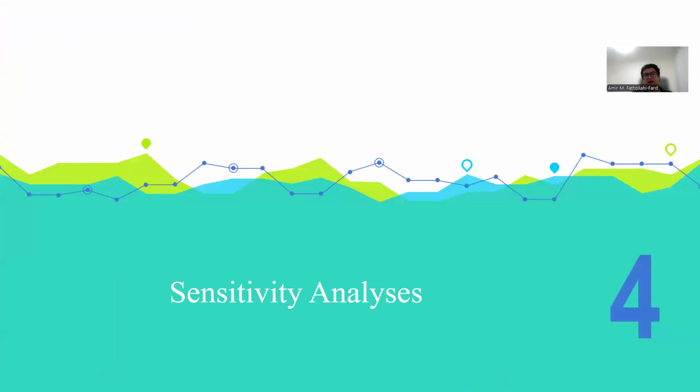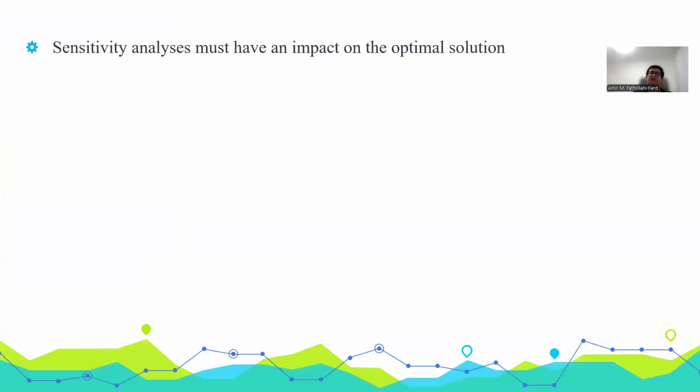So the final step is the sensitivity analysis. The goal of sensitivity analysis is to analyze the optimality, feasibility, and computational complexity. It means that we must analyze the factors which have a direct impact on the optimal solution.